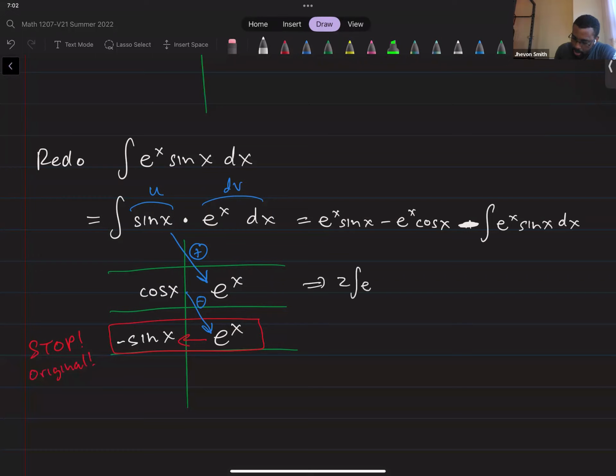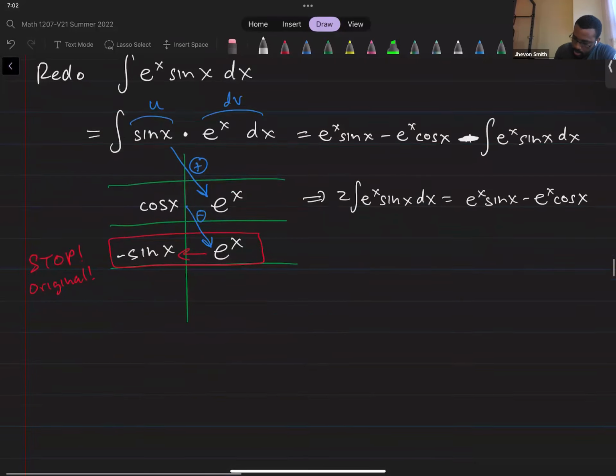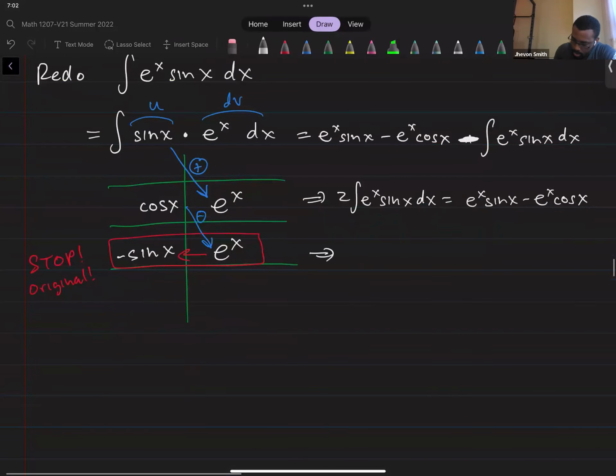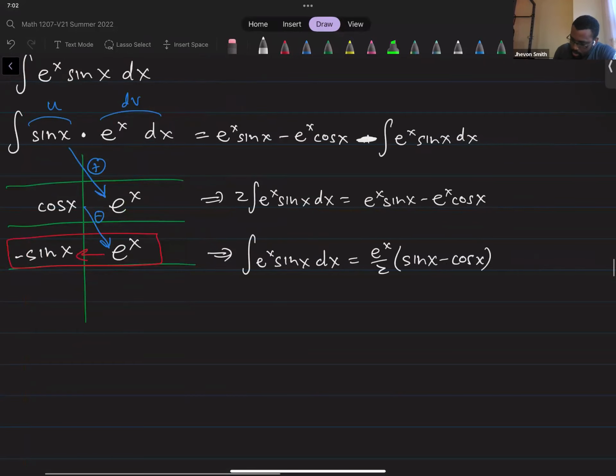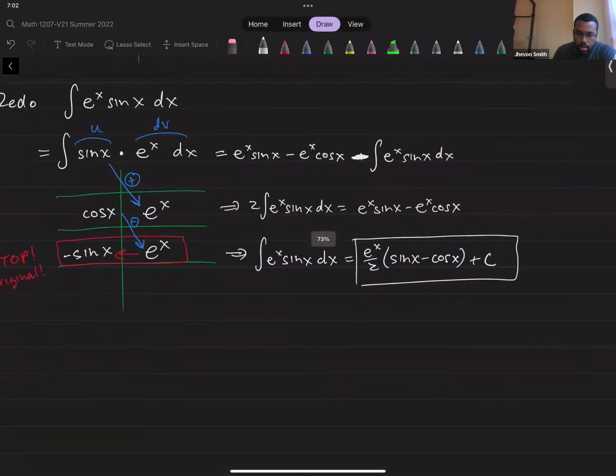So that means 2 times the integral of e to the x sine x gives me e to the x sine x minus e to the x cosine x. That's what we got originally.